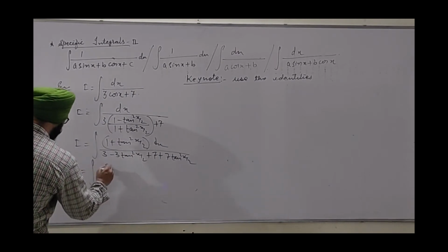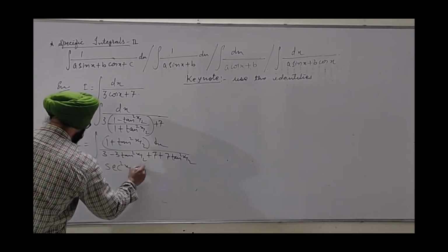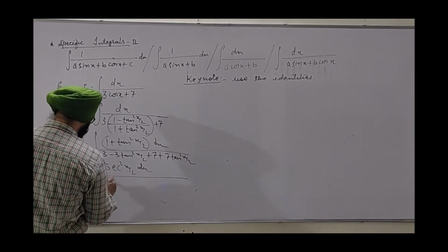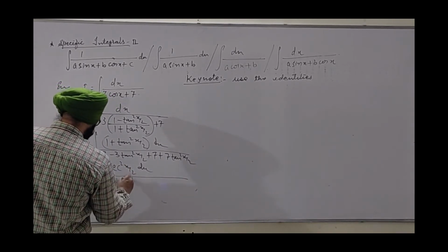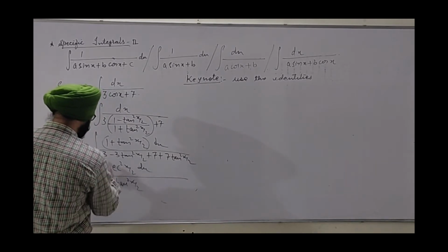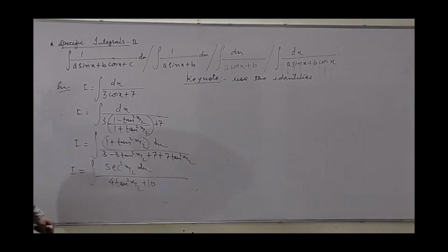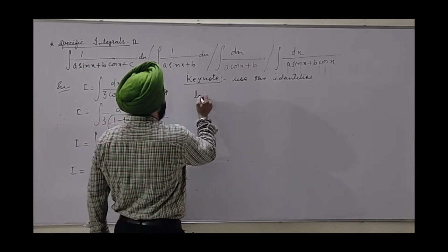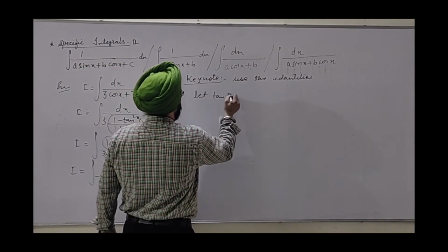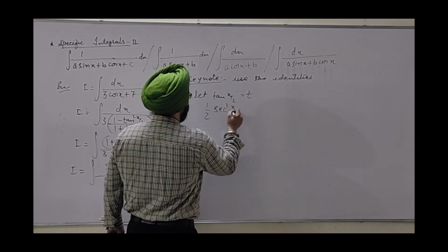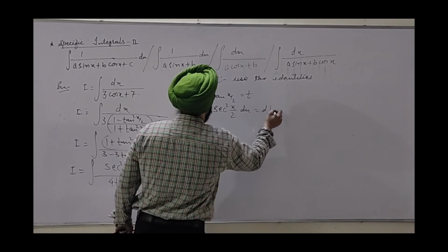Now the numerator can be written as sec square x by 2 dx and the denominator 7 minus 3, like terms I am solving. 4 tan square x by 2 and 7 plus 3, it's 10. Now the same thing, let us consider tan x by 2 as t. We get 1 by 2 sec square x by 2 dx as dt.